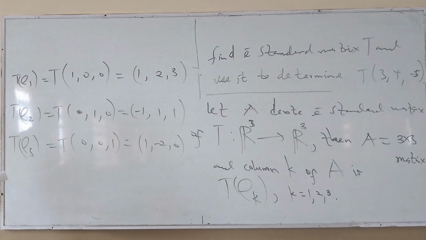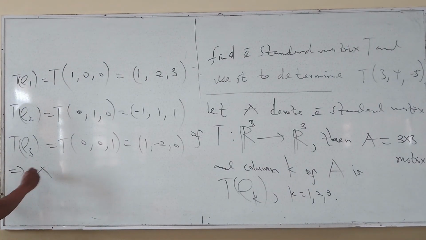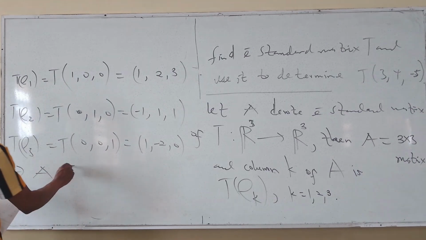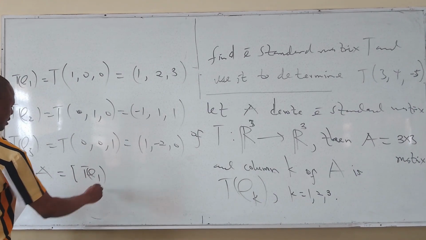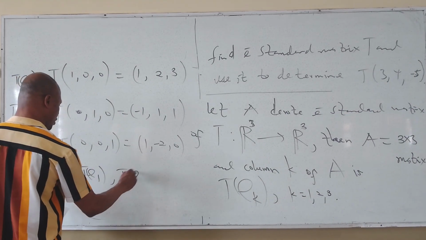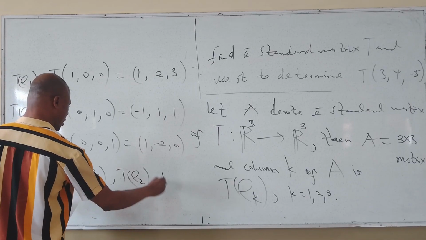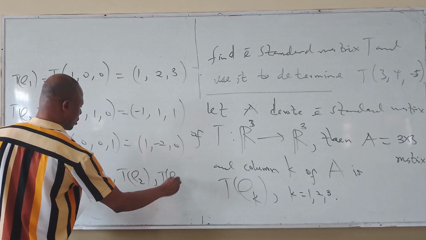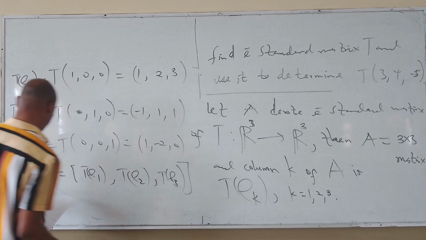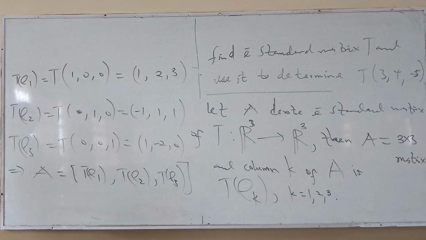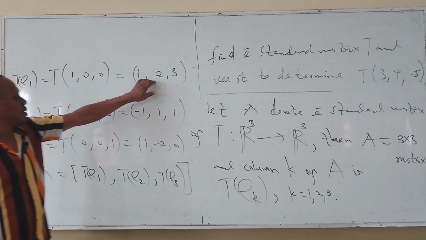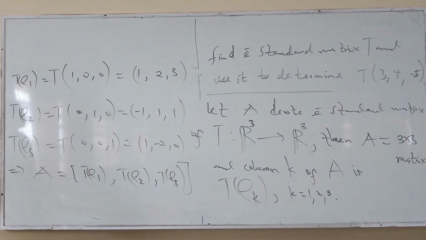Good. So if it's given to us, then what is our standard matrix A? The claim is T of E1, comma, T of E2, comma, T of E3. So we could have written A straight away, as these are the T of E1, T of E2, T of E3.